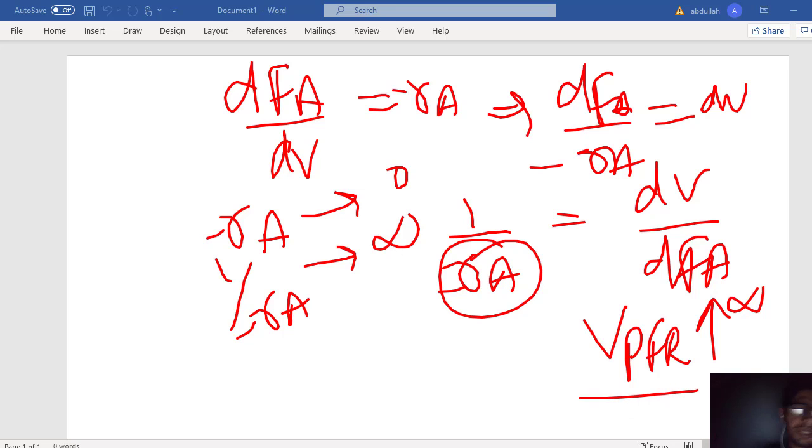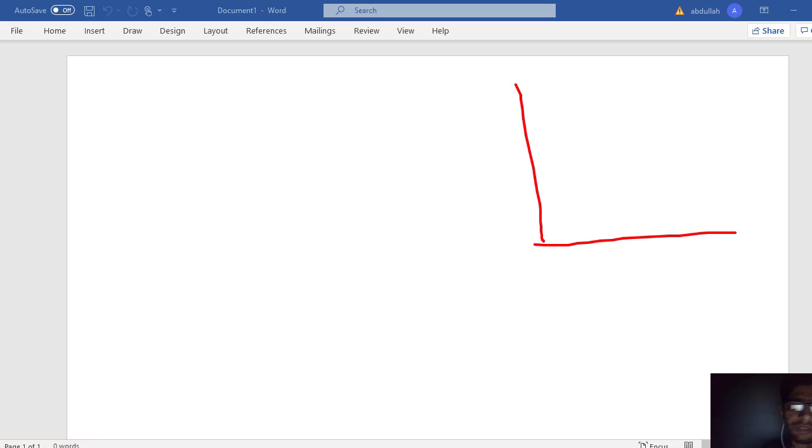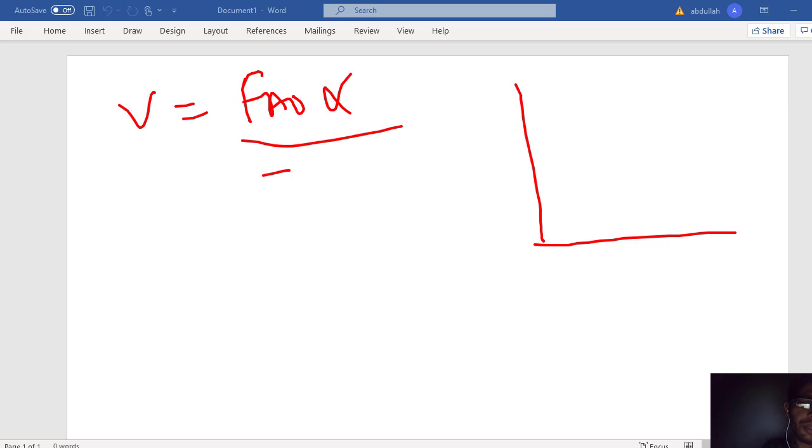From the CSTR relation we can also say, suppose this is the volume of the CSTR, which is FA0 into X divided by minus Ra. So this axis was 1 over minus Ra, and this was the conversion.